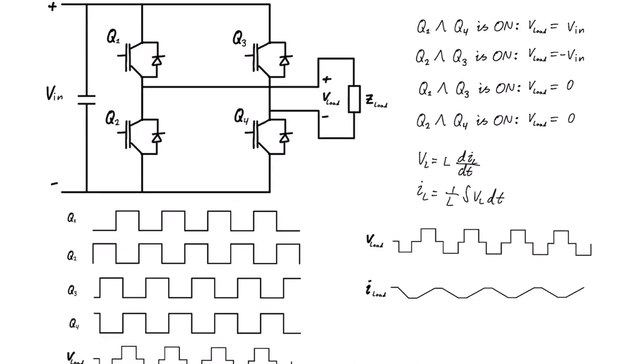What we can do with all of these diodes here is that we can use them as a rectifier as well. If, for example, we say that there's a battery here and we have a motor here, let's say a boat motor, then when we want to brake or accelerate, we apply power from the battery onto the motor.